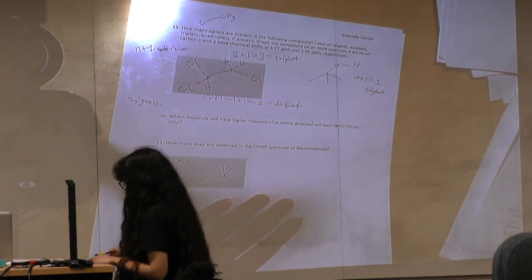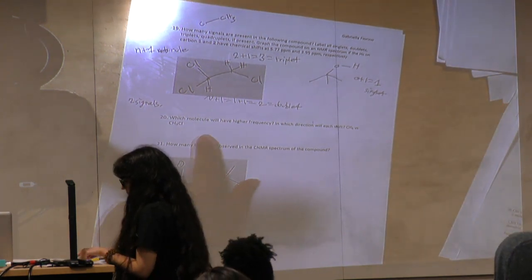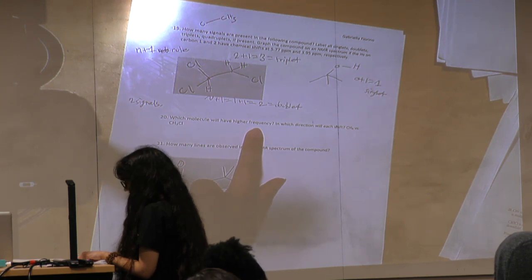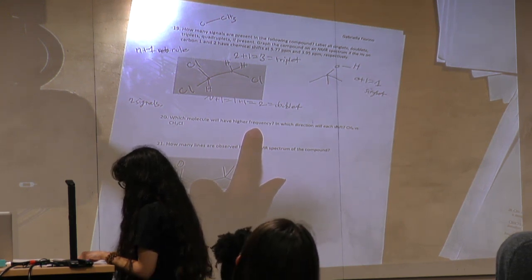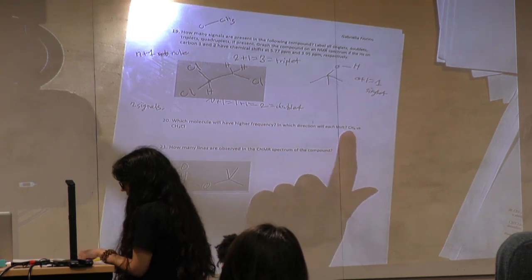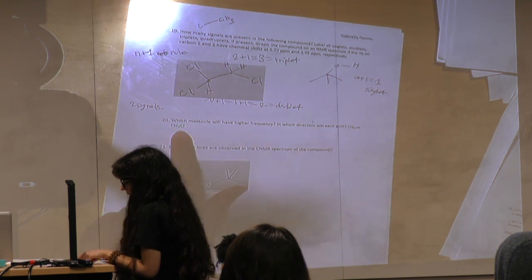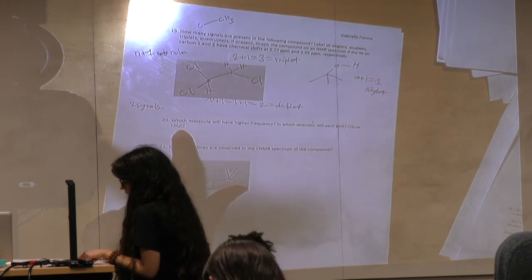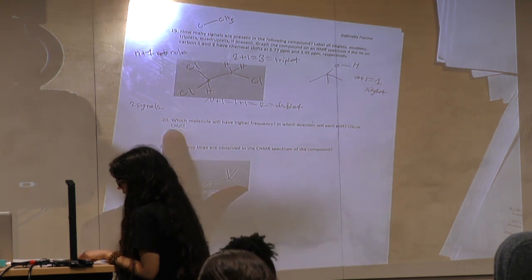If we have something like this, which molecule will have a higher frequency and in which direction will it shift? So we kind of did something like this. CH4 is better shielded than CH3Cl because the chlorine is pulling the electrons away from the carbon center.